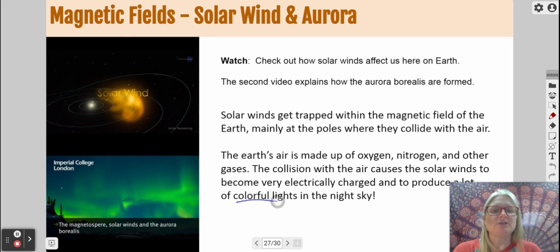They produce those colorful lights in the sky. The aurora borealis, or northern lights, are caused by these two magnetic fields, from the solar wind and the Earth's magnetic field, colliding, and the different gases that are in there.